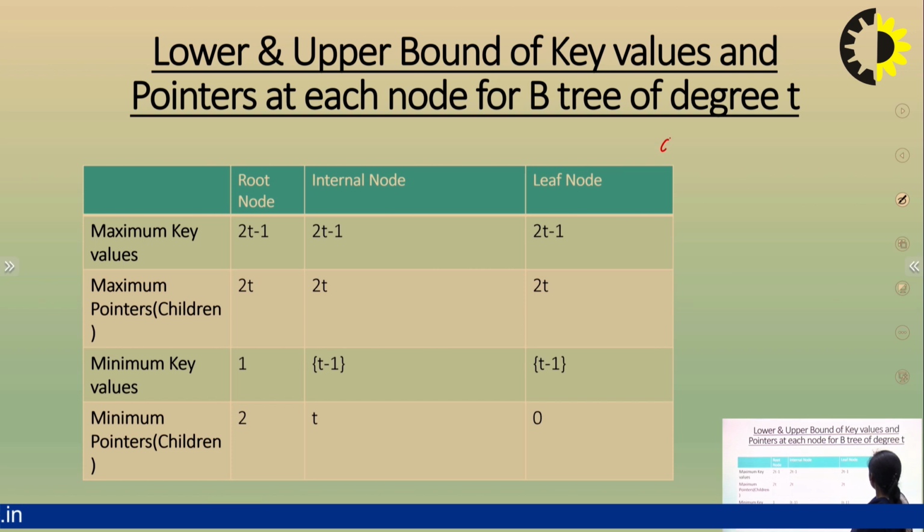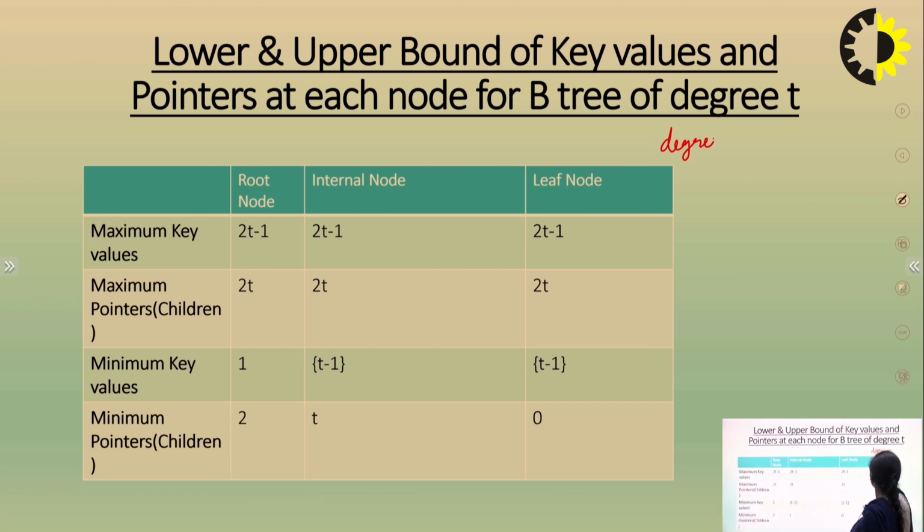If degree is given in the numerical problem, suppose degree is equal to 3, then the question will be changed. Order and degree are different. In that case, how will you find the maximum number of keys and minimum number of keys?